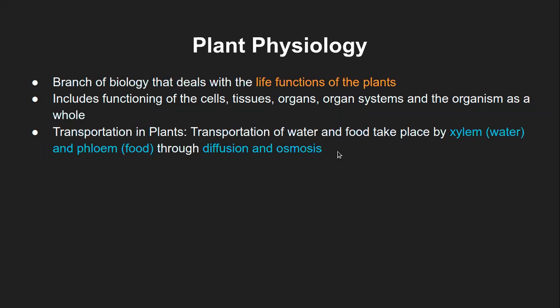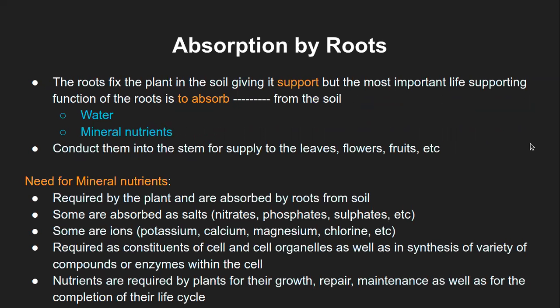And this happens by different processes, that is diffusion and osmosis. Those are just the names; we are going to study what exactly diffusion means and what exactly osmosis means. And if you are back on campus, we might do certain experiments related to these processes. So now coming to the main topic, that is absorption by roots.